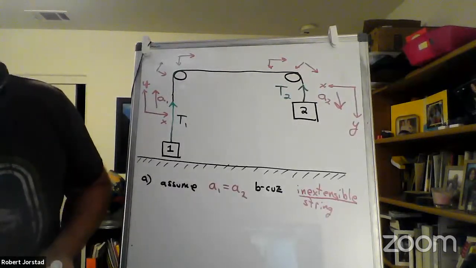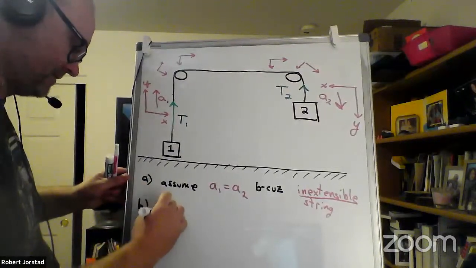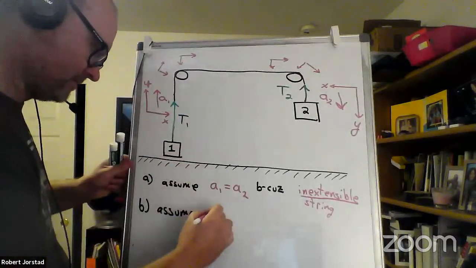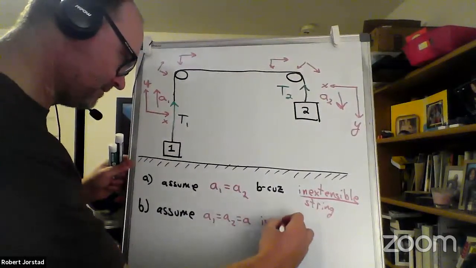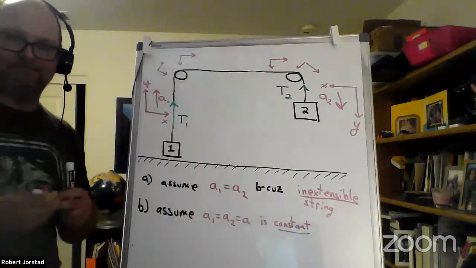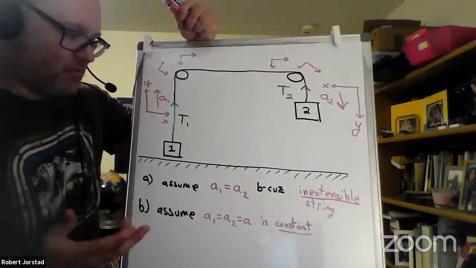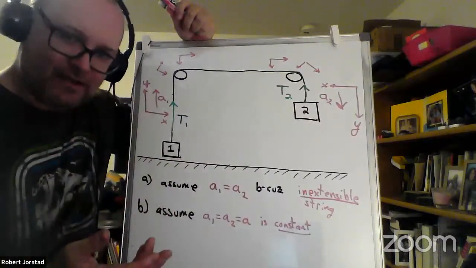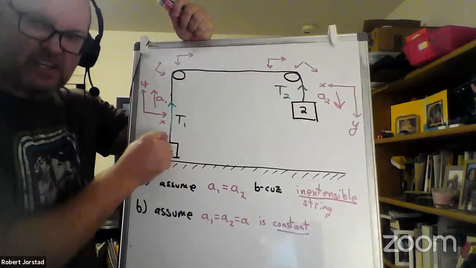And then what's the next part? We're assuming acceleration is constant. All right. So just to speed things up, I'll just tell you why. In this case, it's the mass of the string being negligible. Now think about this. Imagine if I used a really heavy chain here.